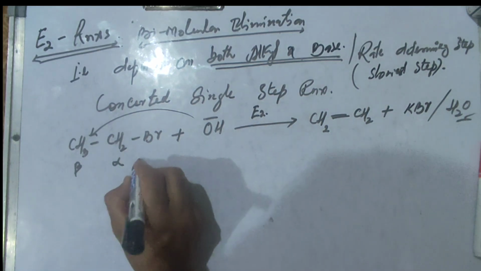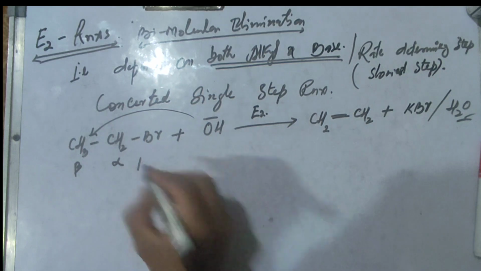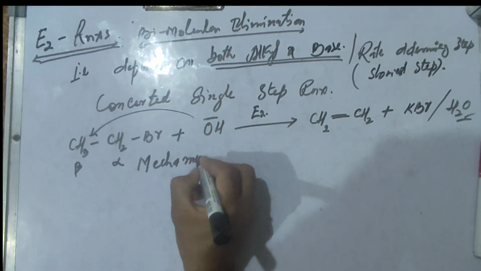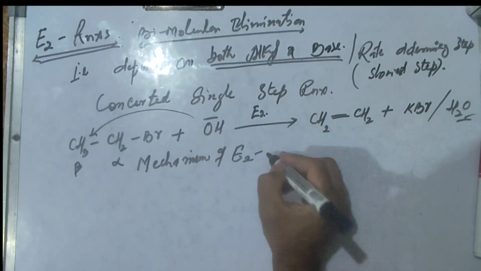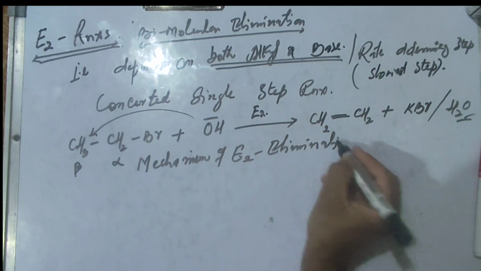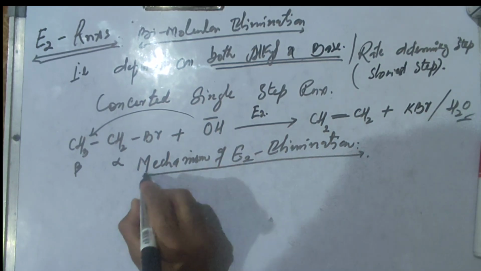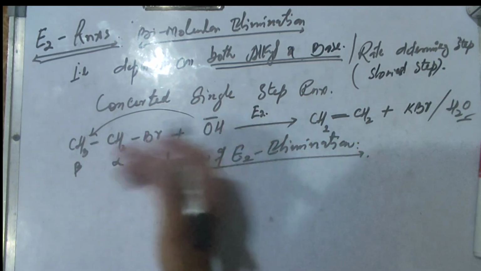Now the mechanism of this reaction. The mechanism of E2 elimination is the stepwise formation of a product from the reactant.